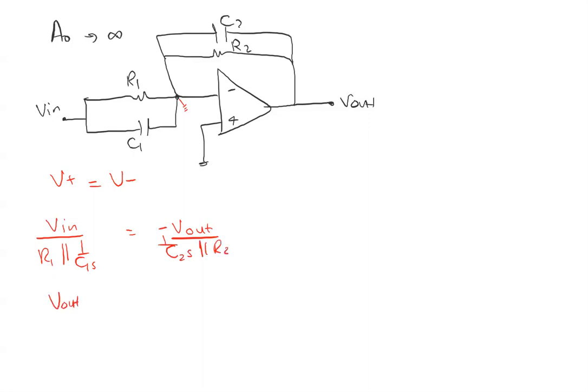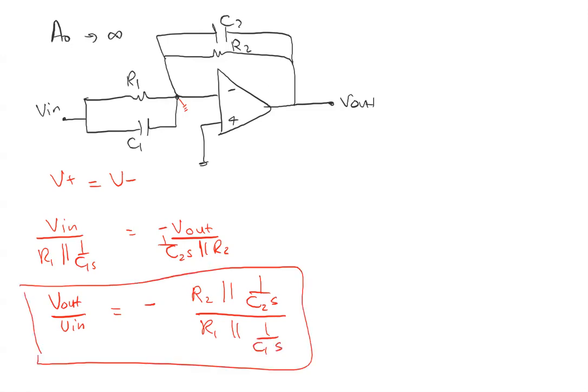So V out over Vn equals minus R2 in parallel with 1 over C2s over R1 in parallel with 1 over C1s. So this is the gain of this circuit. Again, the current that is flowing here will continue to flow into the parallel combination of R and C, exactly the same.